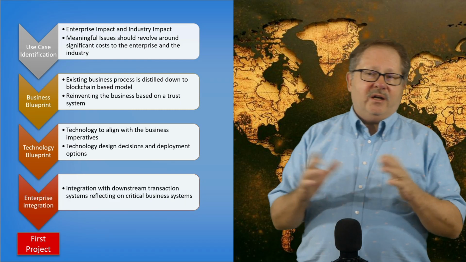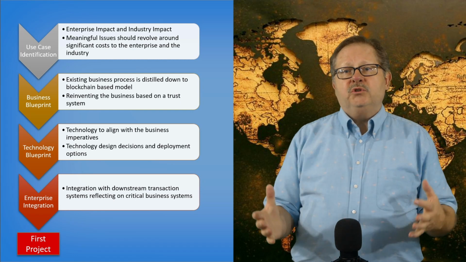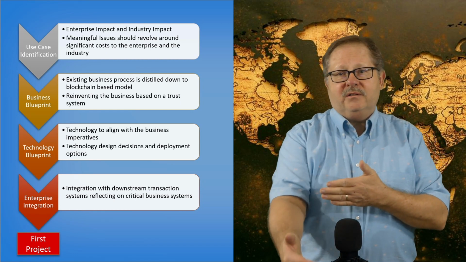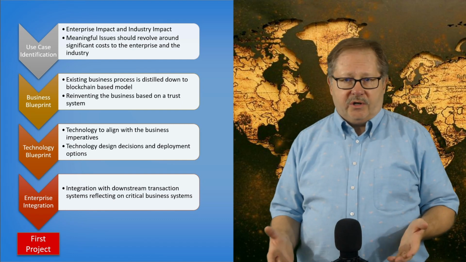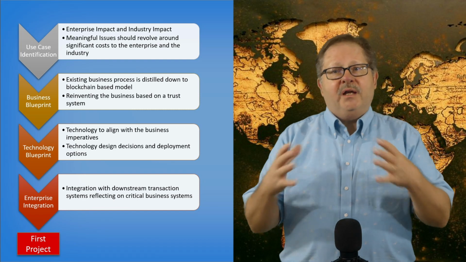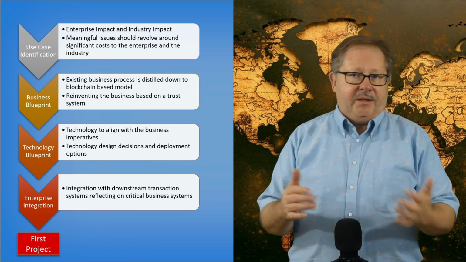Now, you're not going to automate your entire business with blockchain. The blockchain will do a component, but you've got to connect the blockchain data to your enterprise systems that already exist. Let's say your supply chain is being automated by the blockchain.